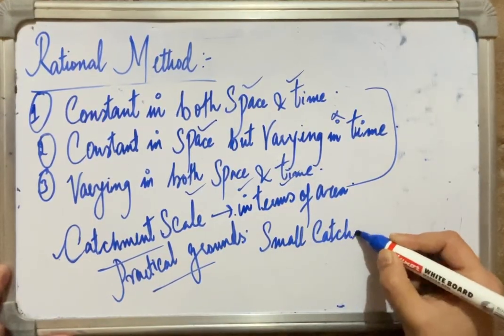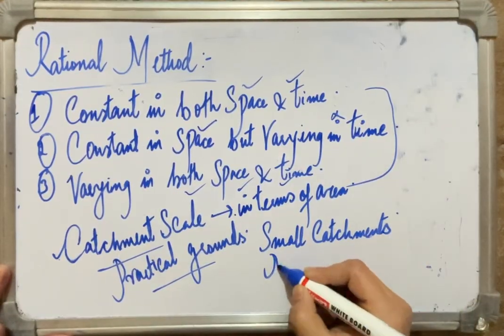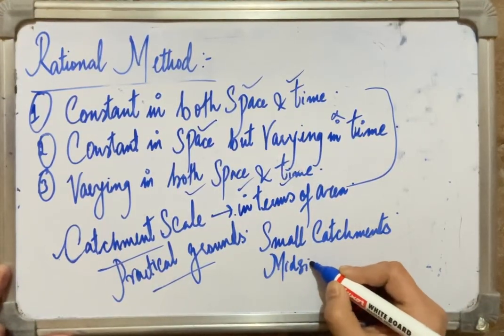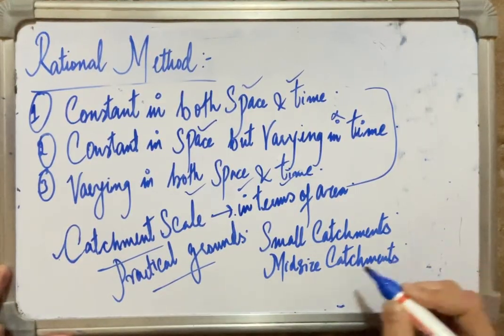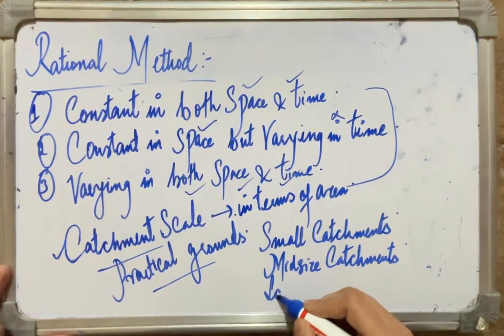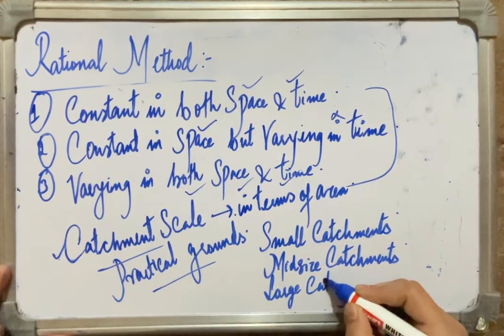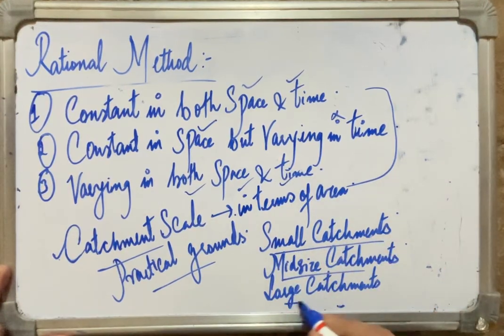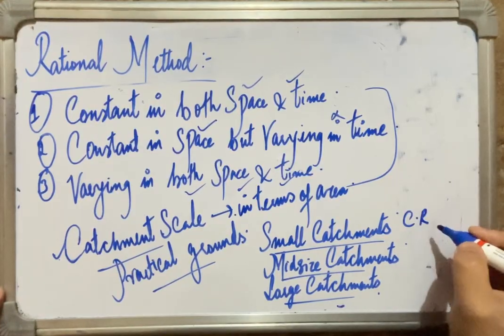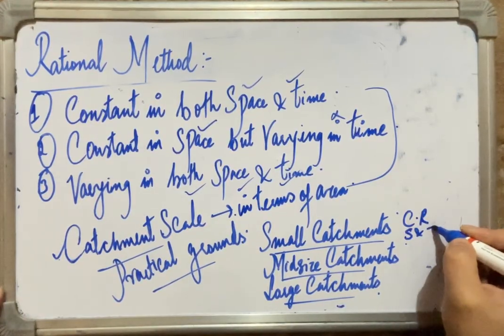Small catchments, mid-sized catchments, and large catchments. Small catchments are those in which runoff can be modeled by assuming constant rainfall in both space and time.